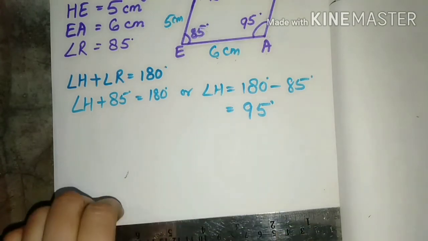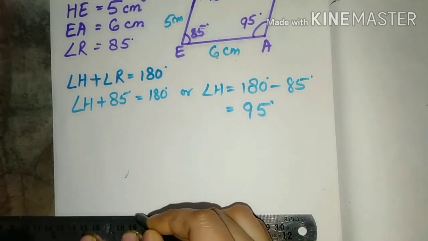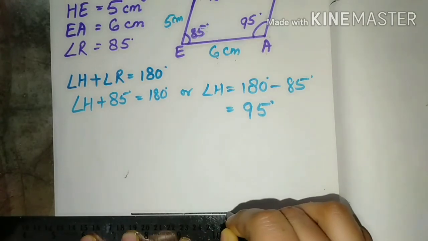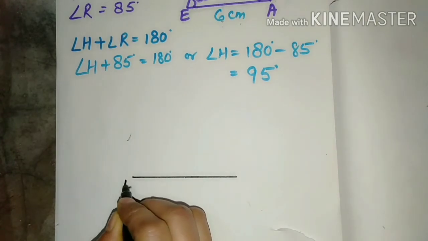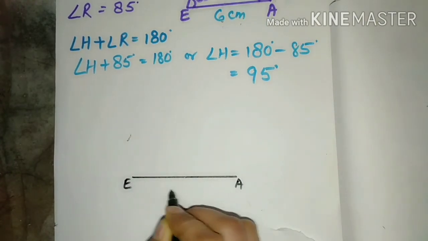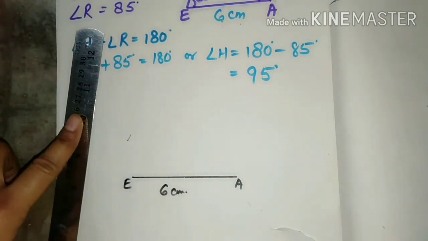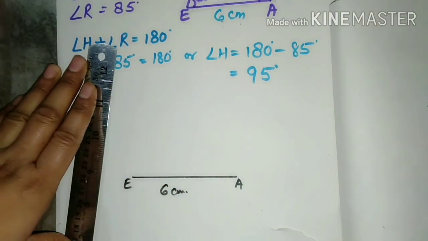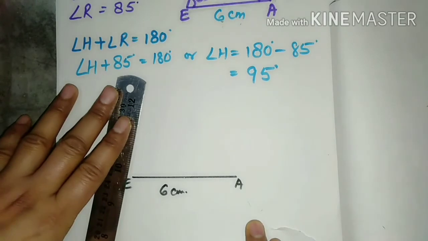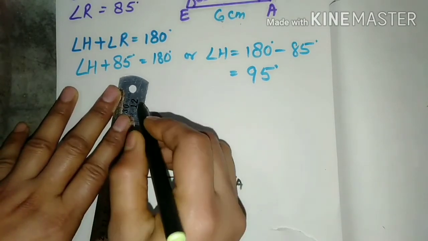So just measure from the scale, draw EA as 6 centimeter. Now here 85 degree and 95 degree are to be drawn with the help of protractor, as we cannot construct 85 degree and 95 degree.